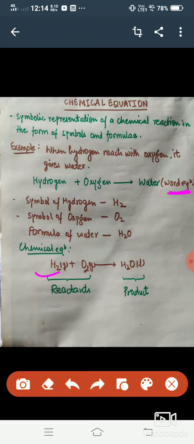Here hydrogen is a gas, oxygen is also a gas, and water is liquid in state. In this equation there are three parts: the reactants, the products, and this arrow. So this is a chemical equation.